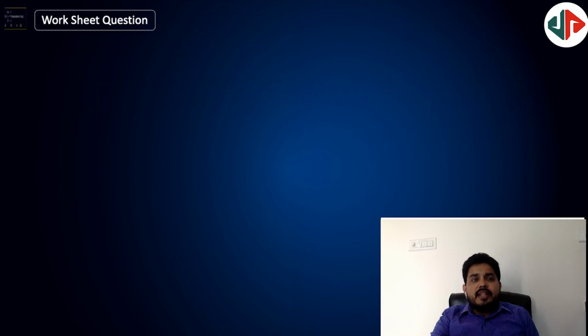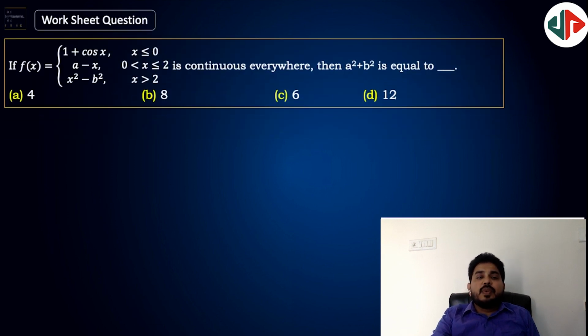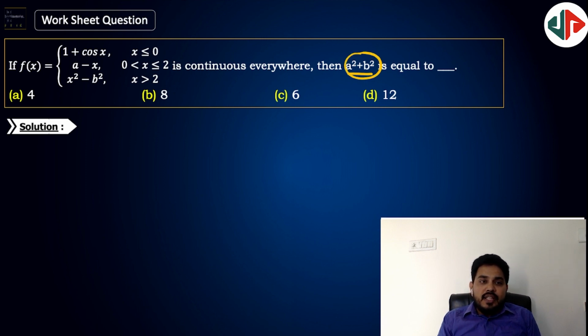So let us look at a few questions on this one. The first question: if f of x is equal to this, continuous everywhere, then find a square plus b square. Continuous everywhere. So here 1 plus cos x, a minus x.